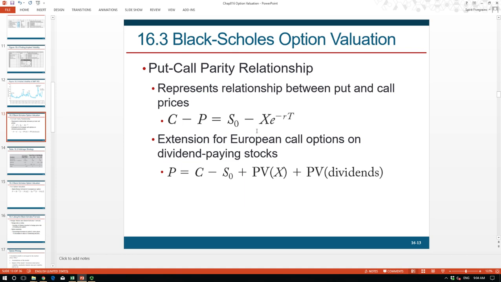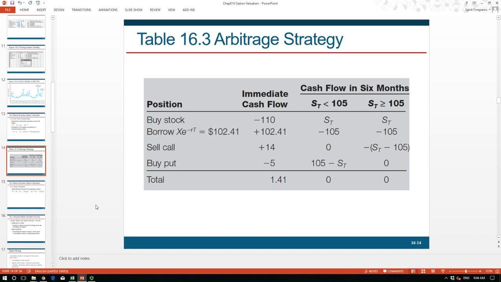And how can this work? Well, this table shows you this relation must hold, otherwise there will be arbitrage. So here we can view this equation in a very practical way. Let's say you have a position where you have a combination of a call option, a put option, a stock position, and lending and borrowing.